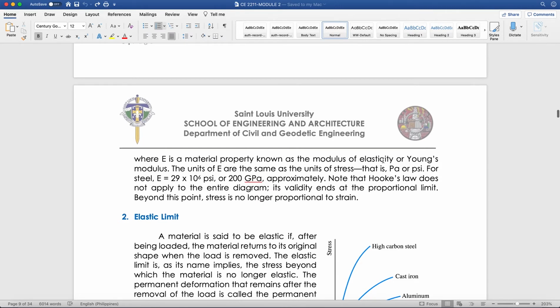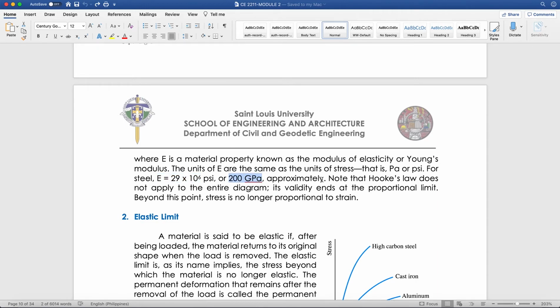So normally, for a steel, yung steel bar or yung any steel, no? Normally, the modulus of elasticity of steel is 229 times 10 raised to 6 Pascal per square inch, or it is 200 gigapascal.